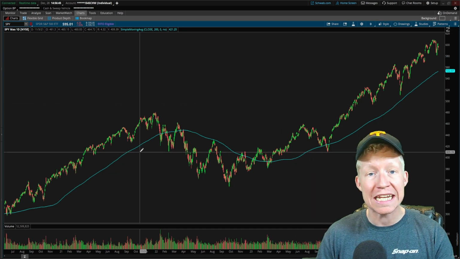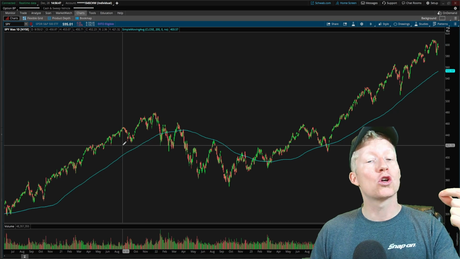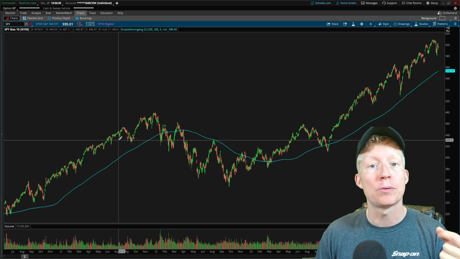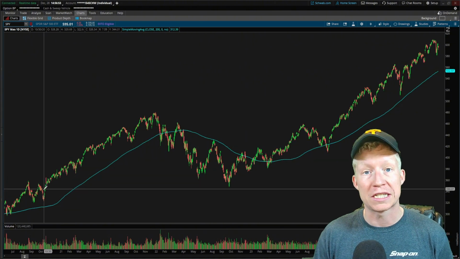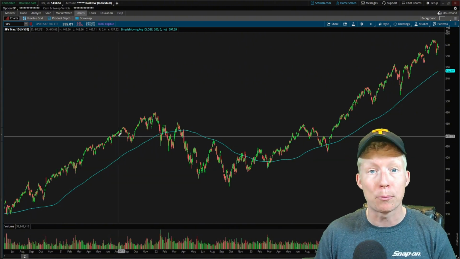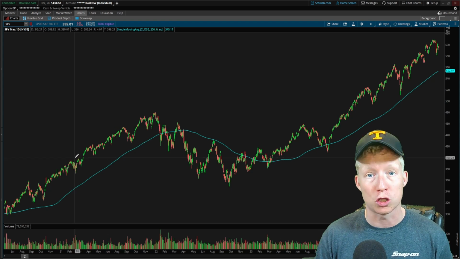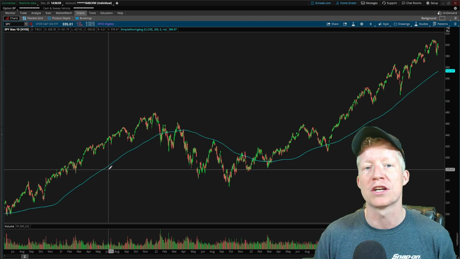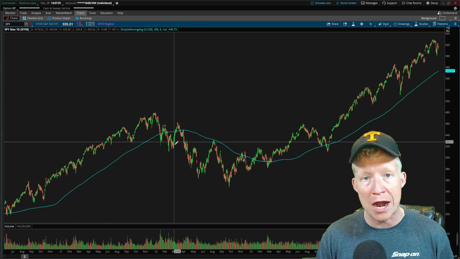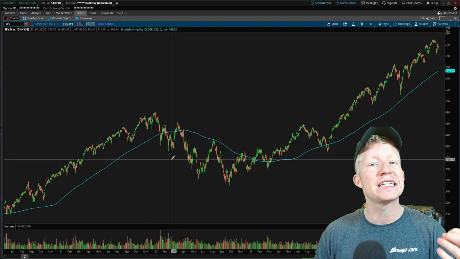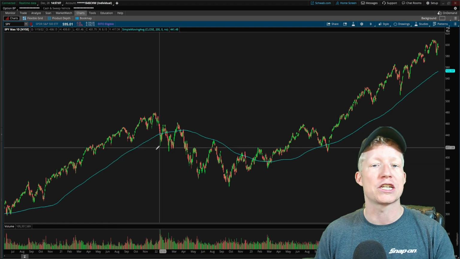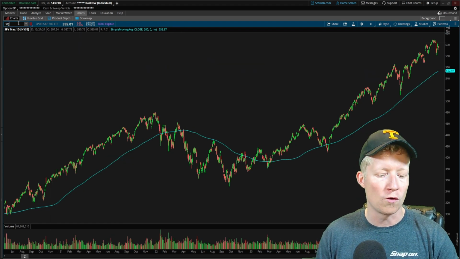And you now have a quantifiable, measurable statistic on your chart that shows you whether the stock is bullish in upwards momentum, if we're closing above this 200 SMA line, or bearish, closing below this 200 SMA line. This is how you know whether the stock is currently strong or currently weak.